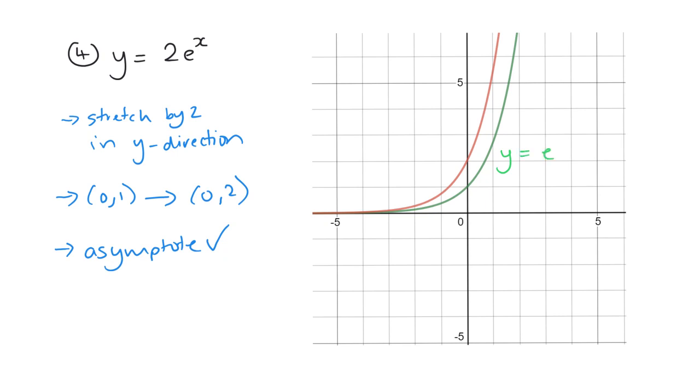So again, our green graph is your y equals e to the x. So our red graph, it's stretched up to 0, 2. And it just comes up steeper than the other one, and our asymptote is still going towards the x-axis.